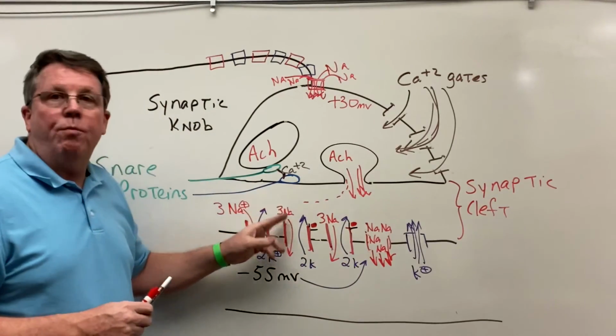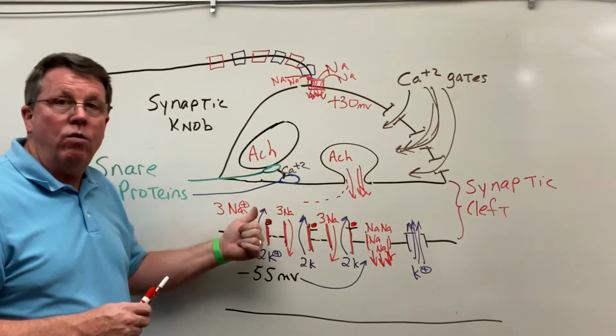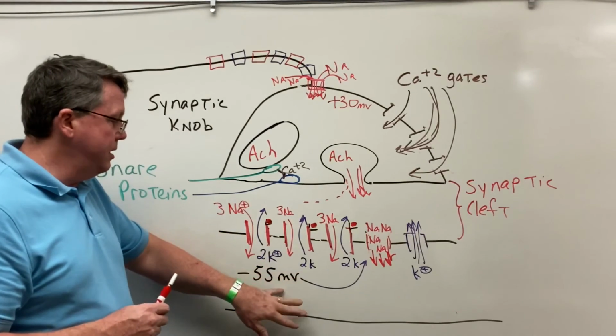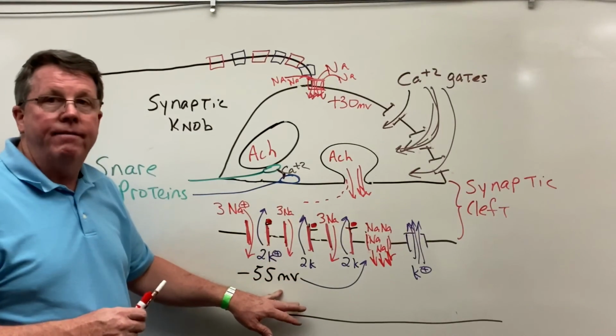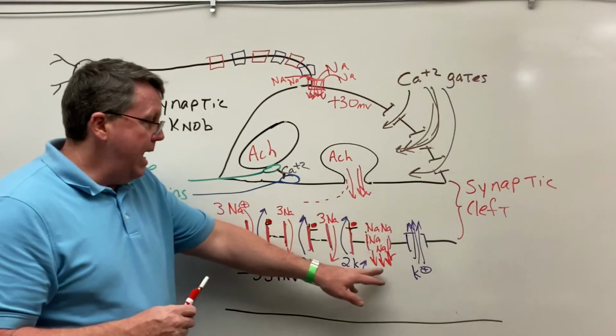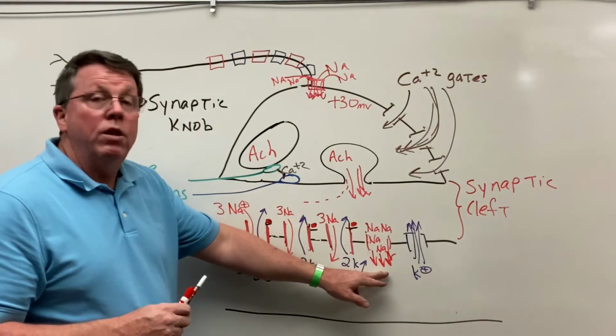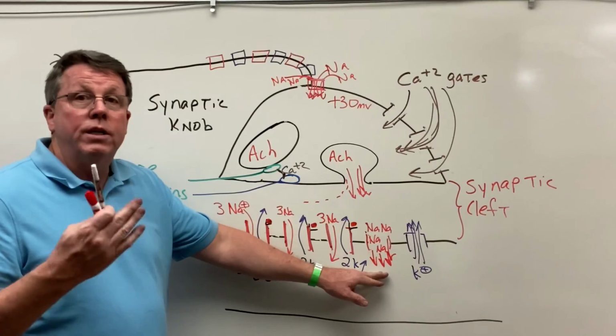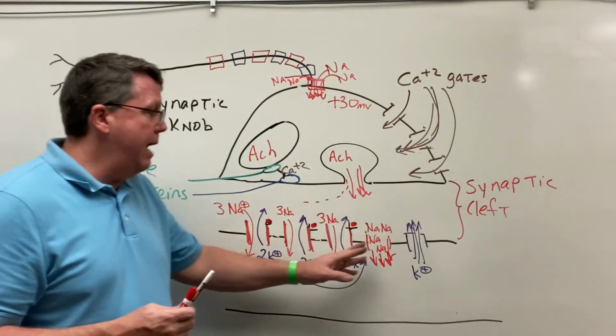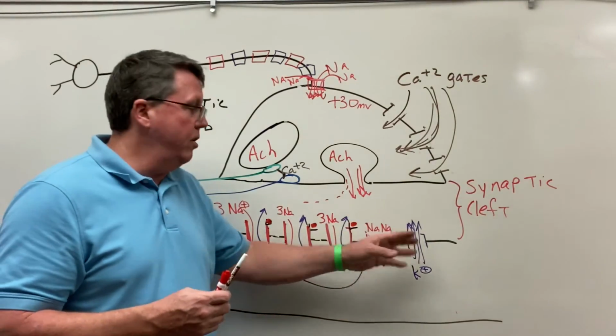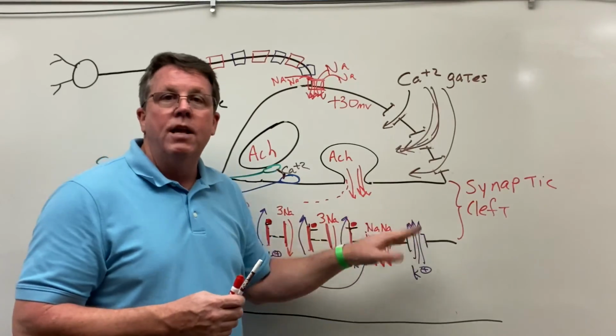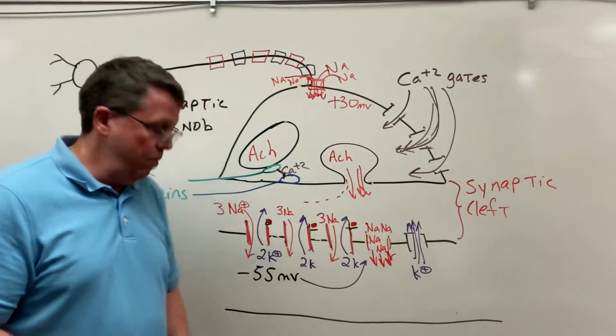But because I have more positive charges coming in than going out, what eventually is going to happen is this is going to go up to negative 55. And then when that happens, now my sodium gates open. When the sodium gates open, sodium rushes in, this closes, then the potassium gate opens, that rushes out, and this continues down to the T-tubule.